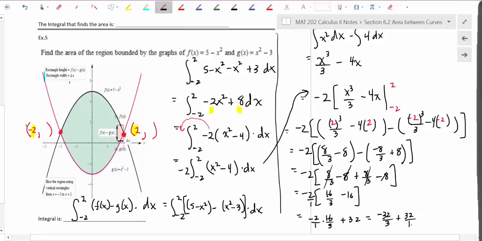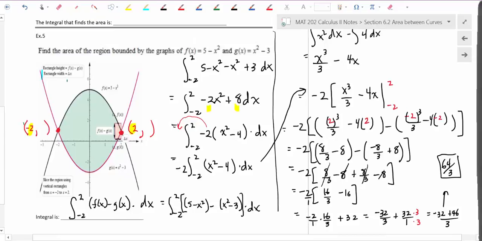I can get a common denominator by multiplying by 3 over 3. So that's going to leave me with negative 32 plus 96 over 3, and that final answer is going to be 64 over 3. So that's going to be the area under the curve.